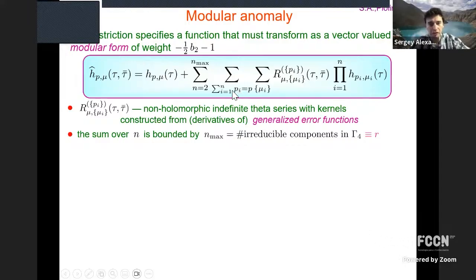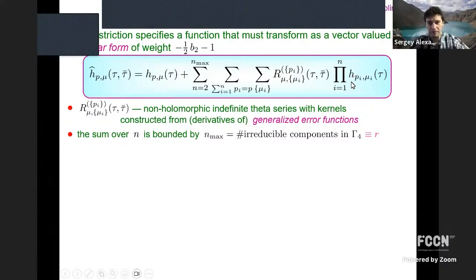And in this correction term, you decompose the D4 brane charge into some other charges, which all must be positive. And so this is equivalent to having a bound state. So you sum over all possible bound states, and we have a product of generating functions corresponding to constituents, and we have a certain non-holomorphic function in front.